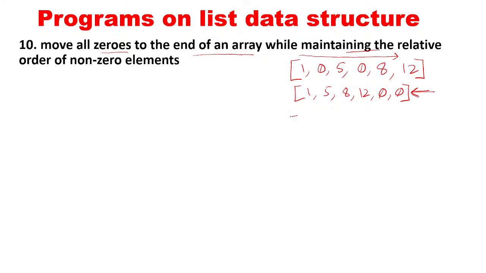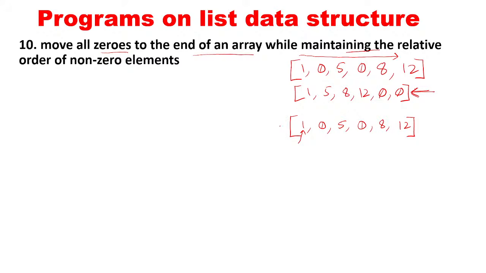So we'll try to derive some logic. Assume this is our array: 1, 0, 5, 0, 8, 12. First I start scanning. I encounter 1 here. It is a non-zero number, so I don't disturb this.